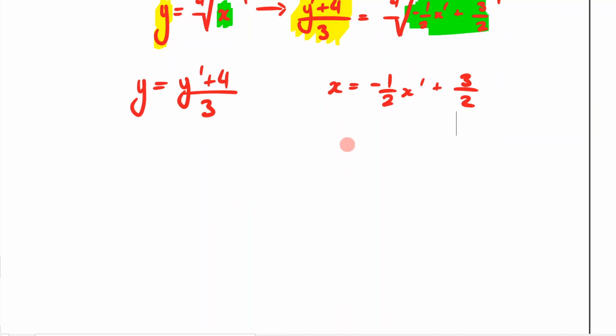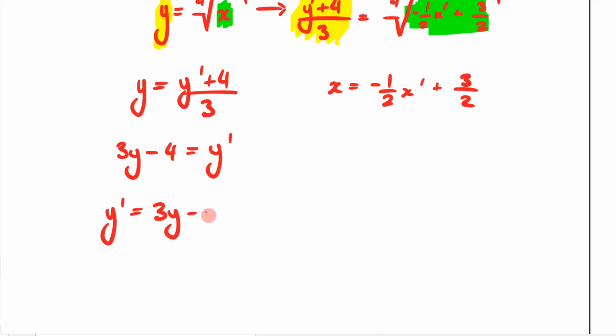Okay, now we're going to rearrange to get y dash by itself. So I'm going to end up with 3y minus 4 is equal to y dash. So y dash is equal to 3y minus 4. Now this side's going to be a bit trickier. I'm going to minus 3 on 2 from both sides, but I still have this here.